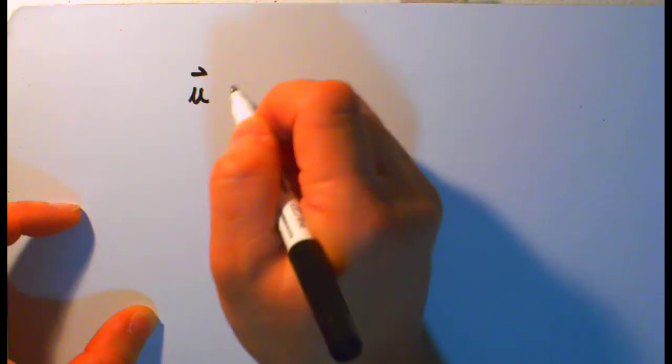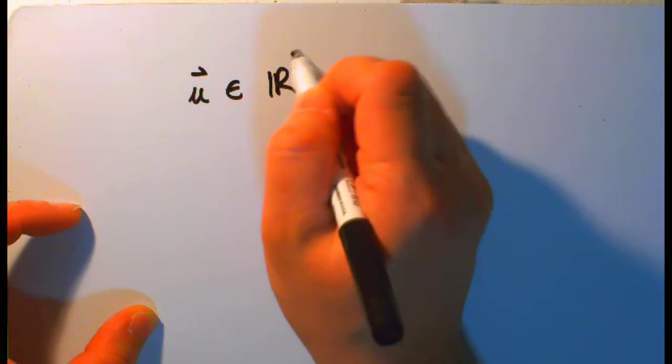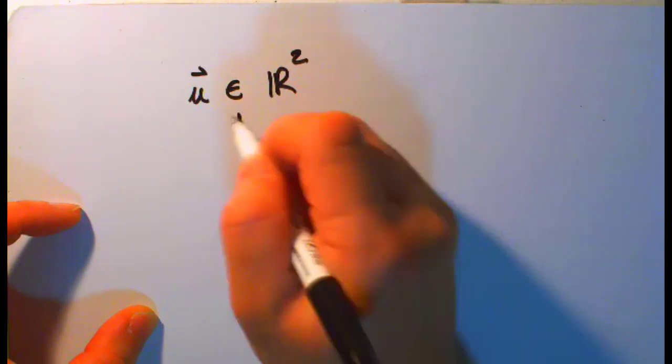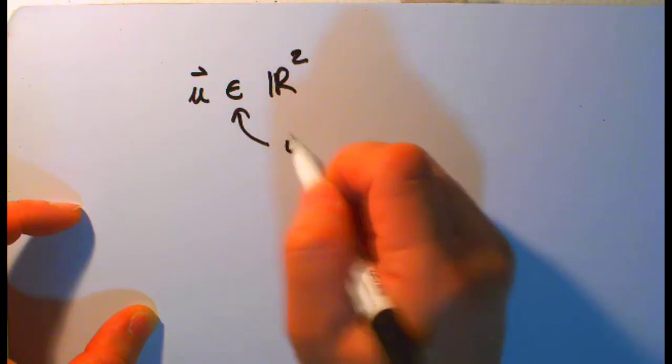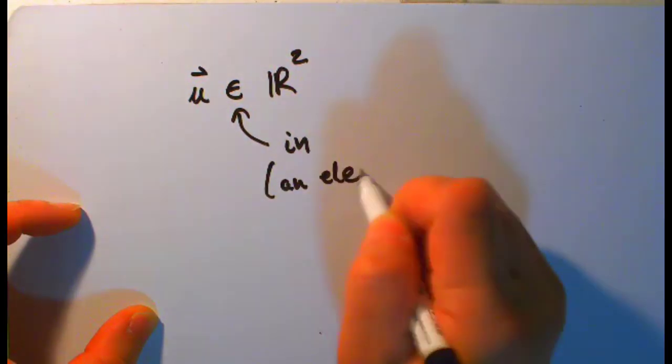And then just now we learned about the dot product. So when we take a vector u in, let's say for now, R2, this symbol of mine means being in, or an element of.